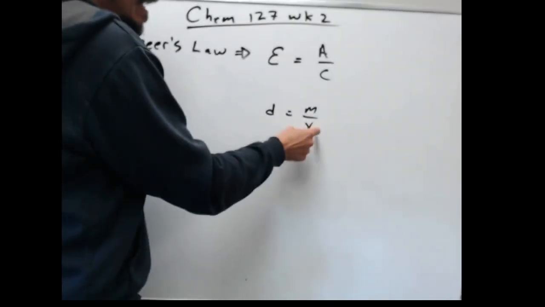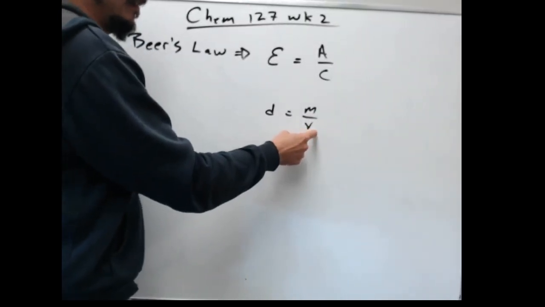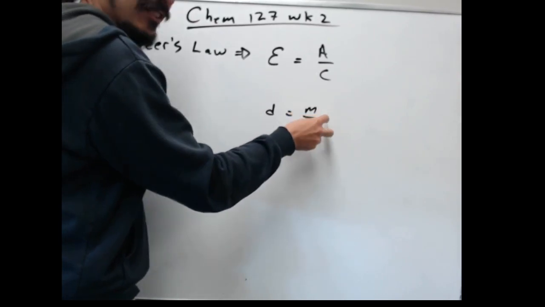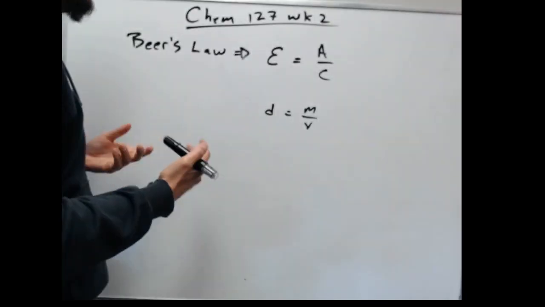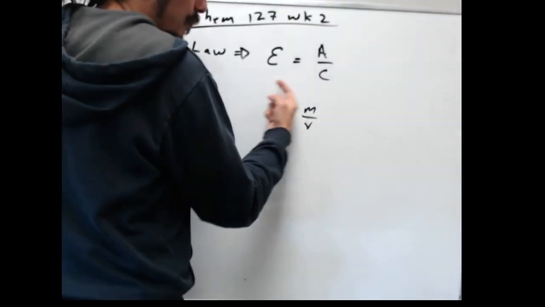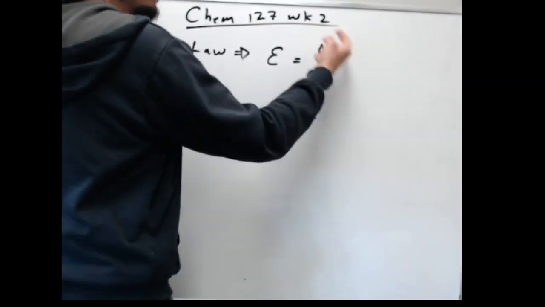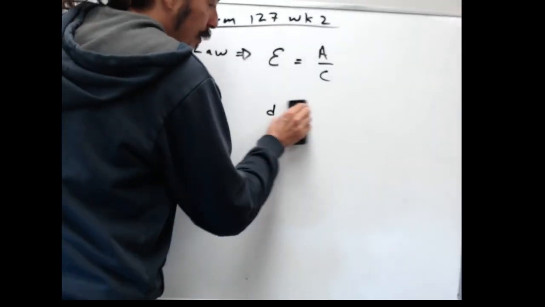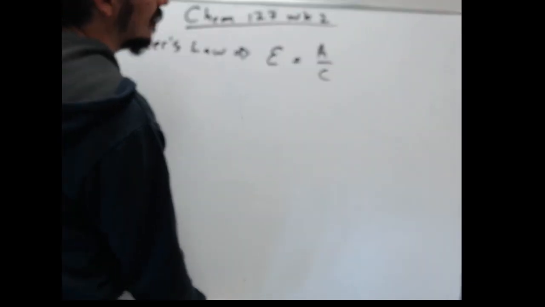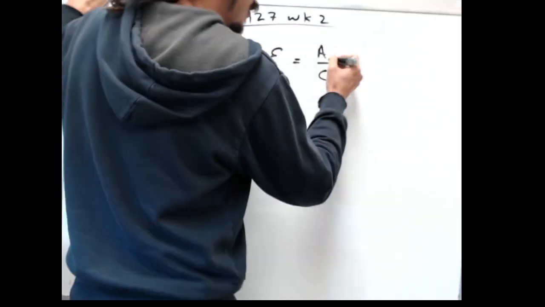So with density, if our volume goes down, our density doesn't decrease, our mass changes with it to keep this ratio the same. And so that's that relationship. Density is this property of material. Epsilon is this property of material. The catch is there's a little bit more than just the concentration.